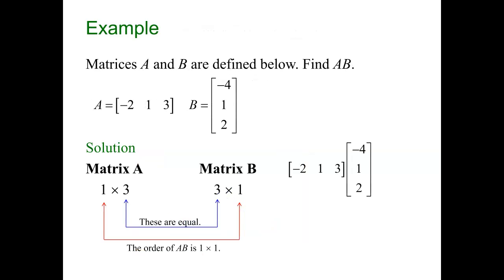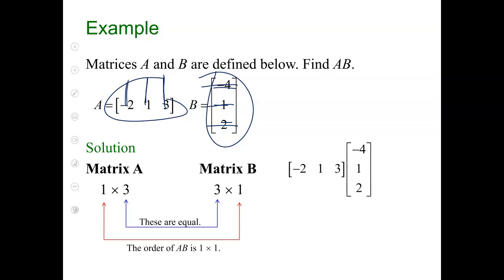So let's look at A and B here. Matrix A is a 1 by 3, 1 row, 3 columns. Matrix B is a 3 by 1, 3 rows, 1 column. The columns of the first has to match the rows of the second in order to multiply. Because if I have 3 numbers here, I have to have 3 numbers here to multiply when I do the row by column multiplication.